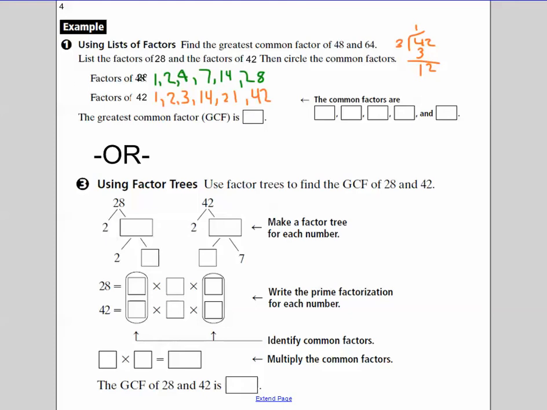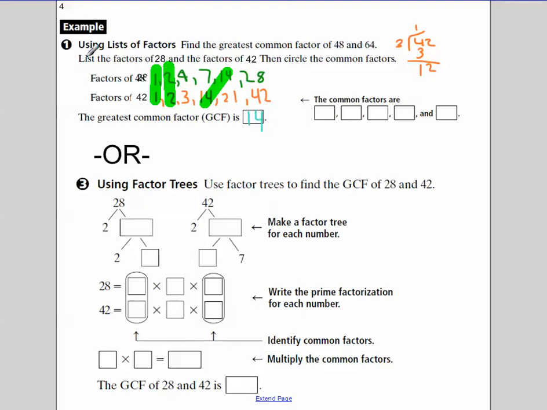Alright, so here's my list of factors. Now I'm looking for ones that are in common. So 1 is in common, 2 is in common, 14 is in common. So what's that leave my greatest common factor to be? My greatest common factor is 14.